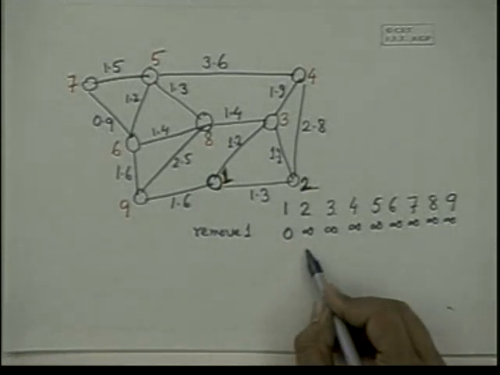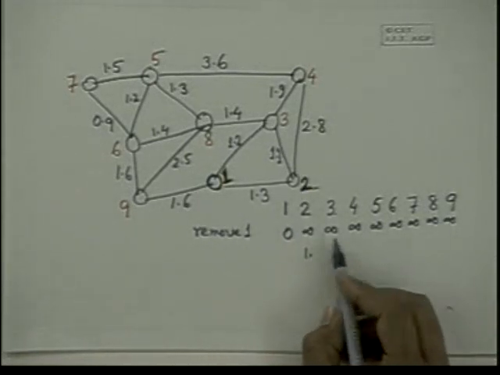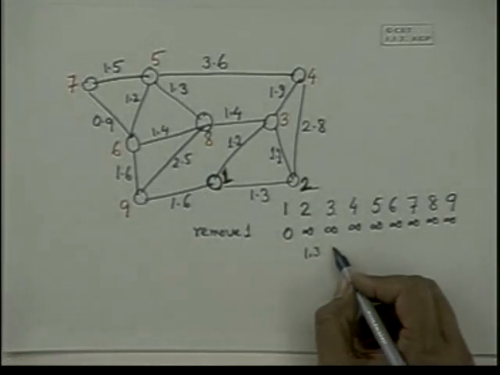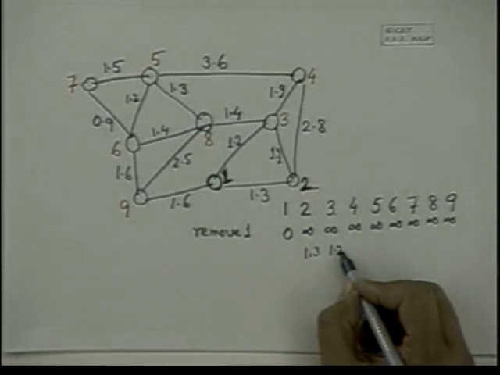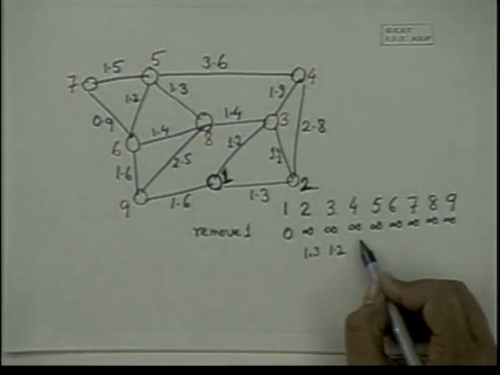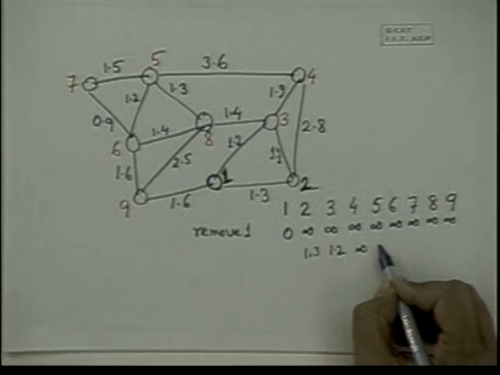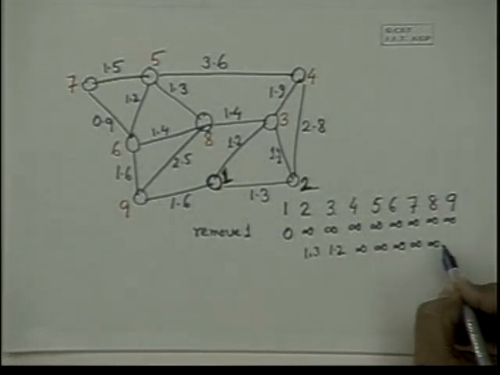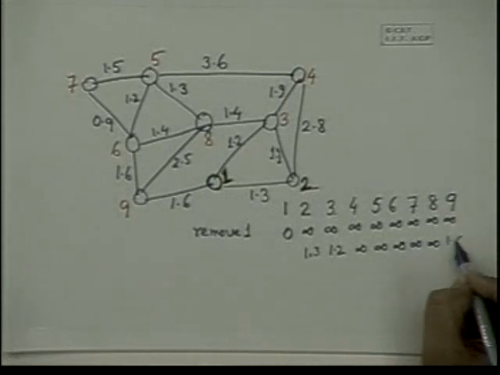So its priority will get 1.3. 3 will be 1.2, because 1.2 is less than infinity. 4 will remain as it is, 5 will remain as it is, 6 will remain as it is, 7, 8, and 9 will now change to 1.6.